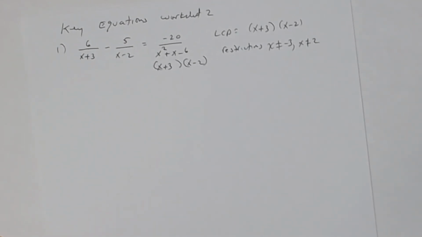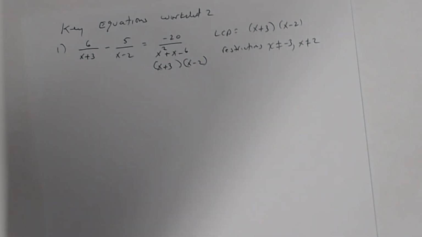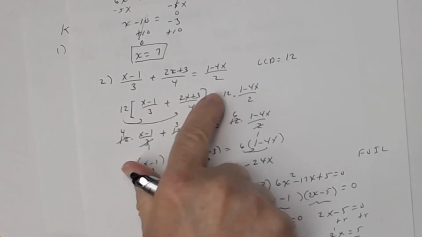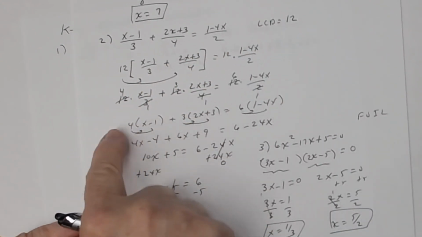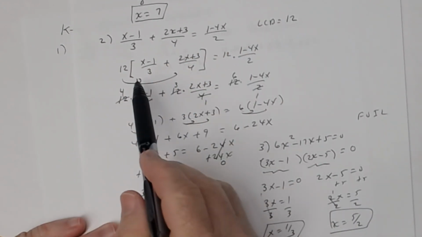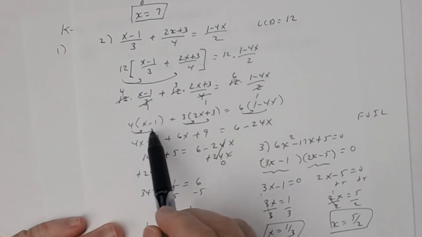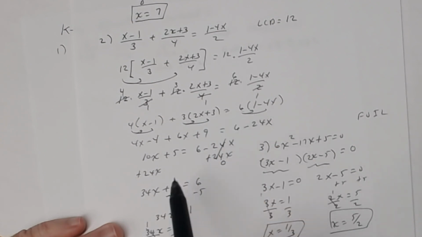Okay, now what we're going to do next is the same way we did the previous problem. We're now going to multiply both sides by the least common denominator to clear the fractions. Remember the previous one, I had fractions, and when I cleared them, I no longer had fractions, and it made things a lot easier for me.